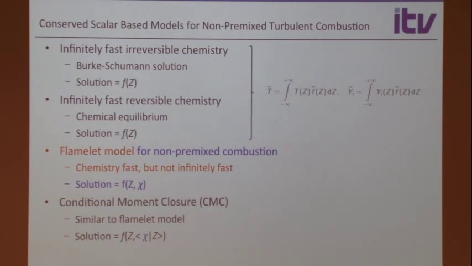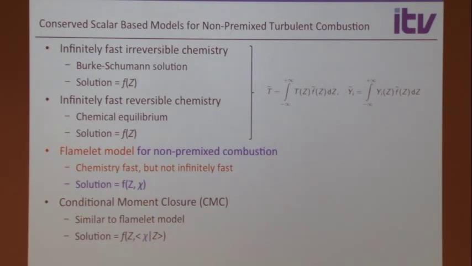Okay, and then the other, let's say, two models are the conditional moment closure model, where you solve equations similar to the flamelet equations. Actually, in the first order, which is what everyone uses, it's basically exactly the same. Well, the idea is the same, or the equations are roughly the same, let's say.